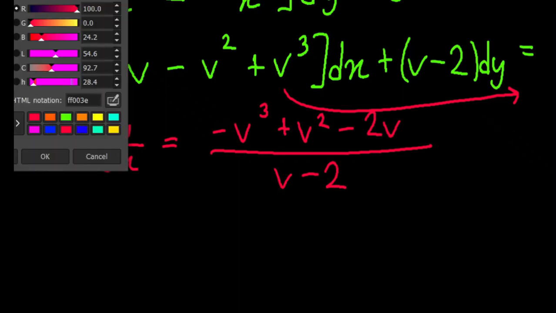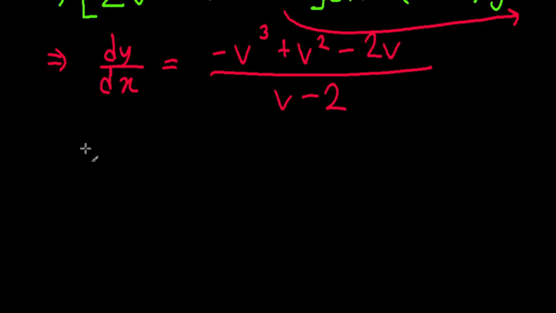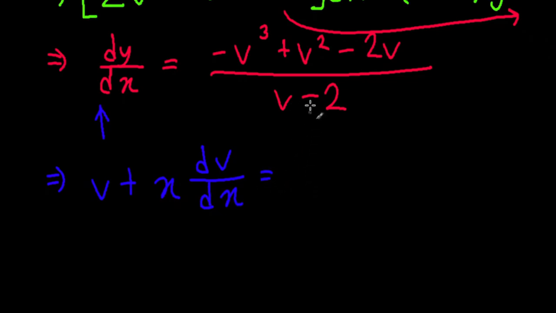Now since we have dy by dx, we're going to make the substitution. Dy by dx, as we saw, is going to be v plus x multiplied by dv by dx. And this is going to be equal to all of this: negative v cubed plus v squared minus 2v divided by v minus 2.